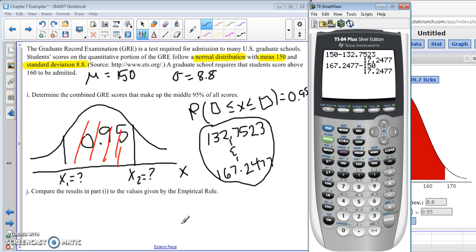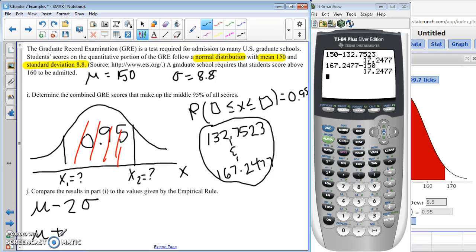So now let's compare that to the empirical rule. The empirical rule says that the middle 95% are 2 standard deviations away. So I take the mean and subtract 2 sigma, and take the mean and add 2 sigma and compare here.